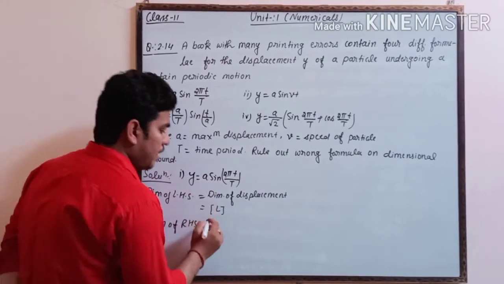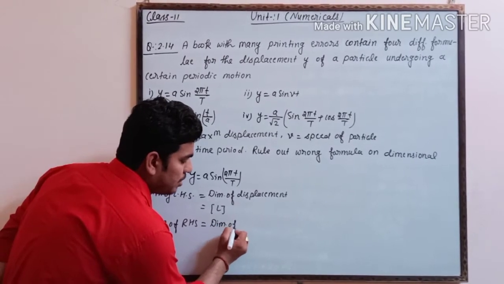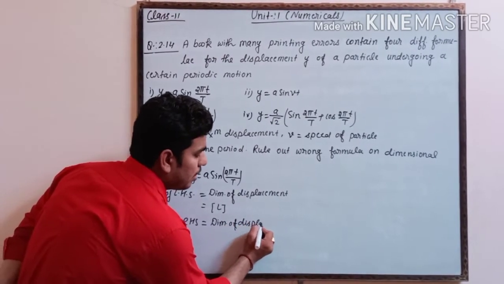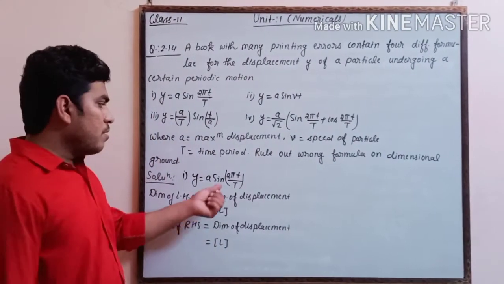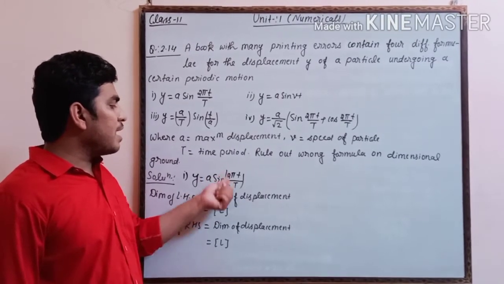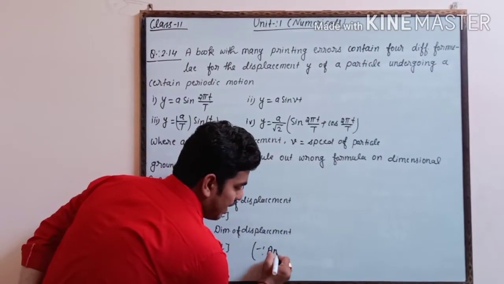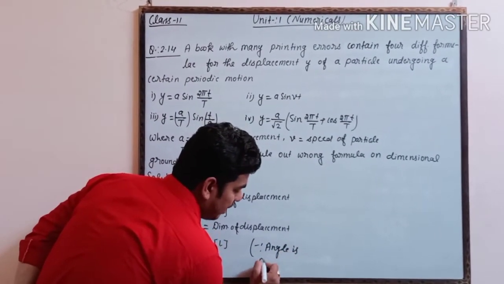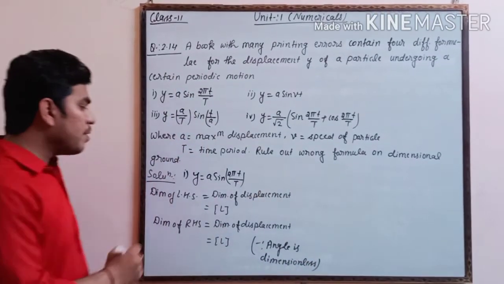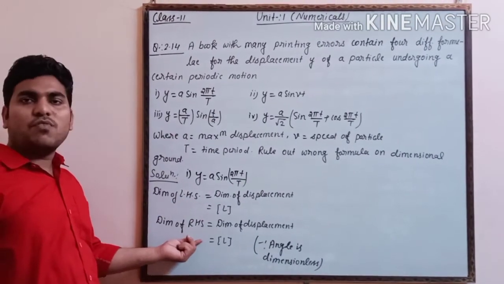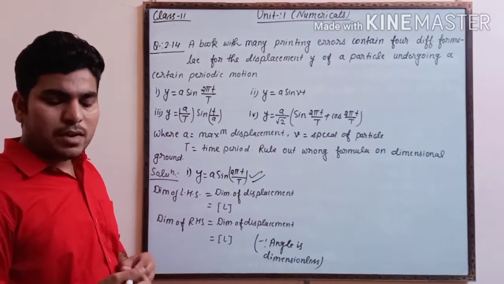RHS means A, it means what is the A, displacement, dimension of displacement. It is also again L. Here is another term, this is angle, because angle is a dimensionless quantity. Since angle is dimensionless, okay, so dimension of LHS is equal to dimension of RHS, therefore this formula is dimensionally correct.